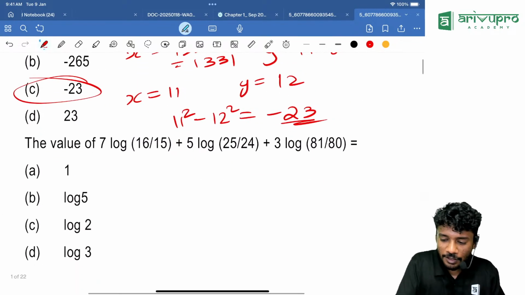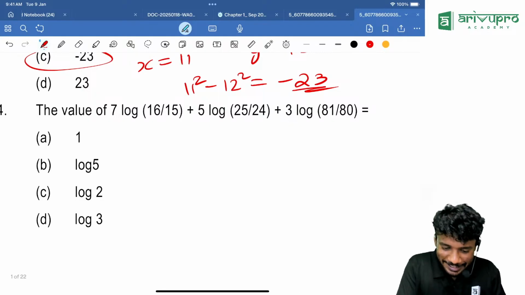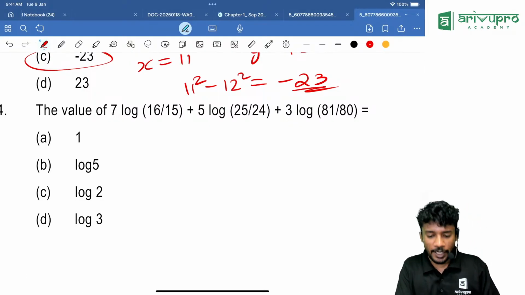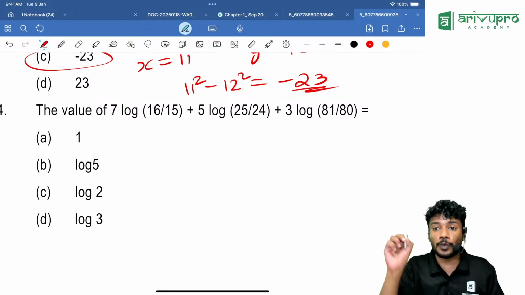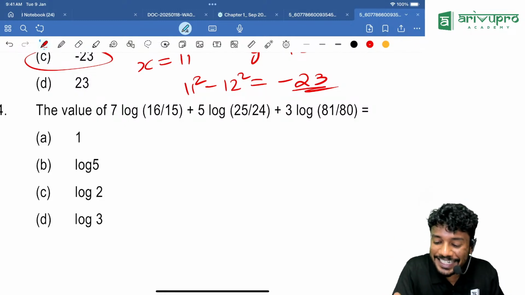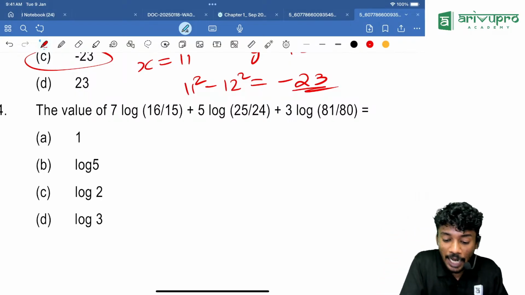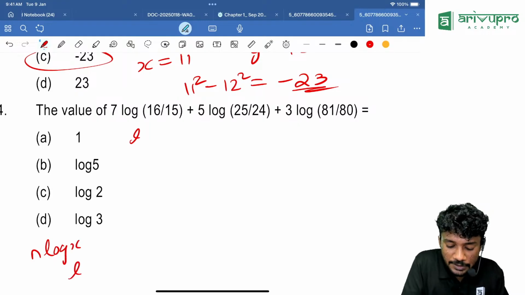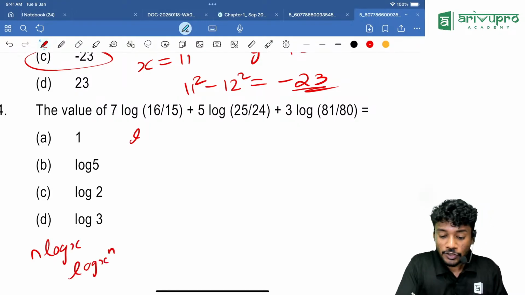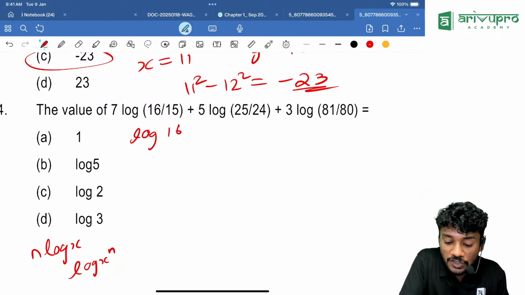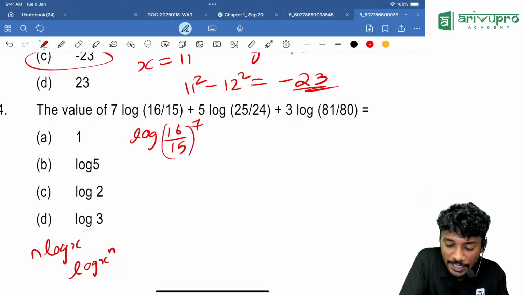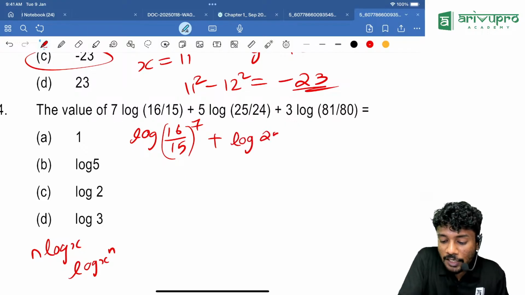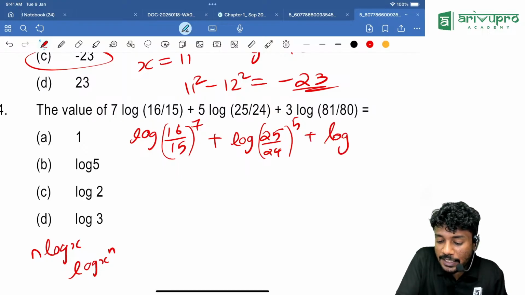Next question. Another easy question. Value of 7 log 16 divided by 15 plus 5 log 25 divided by 24 plus 3 log 81 divided by 80. How will you rewrite it? n log x can be written as log x to the power n. So it can be written as log of (16 divided by 15) power 7 plus log of (25 divided by 24) power 5 plus log of (81 divided by 80) power 3.